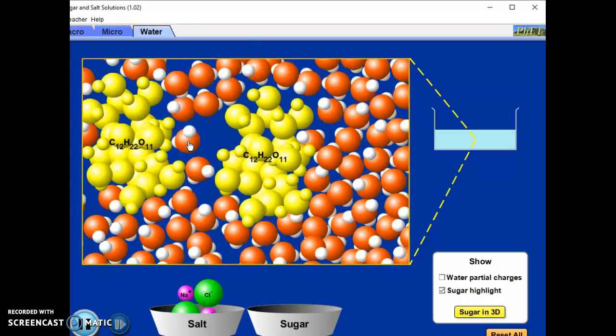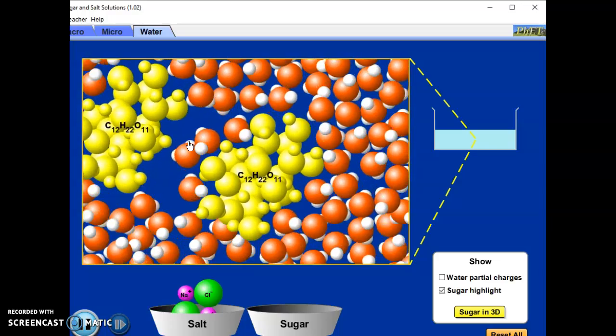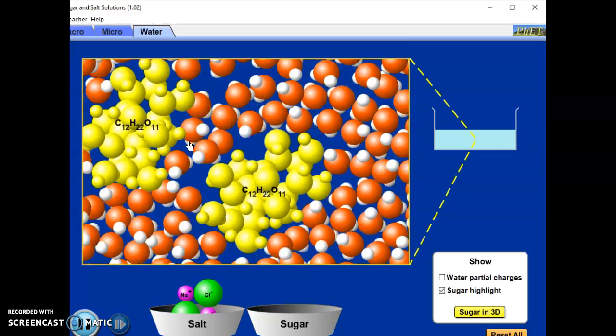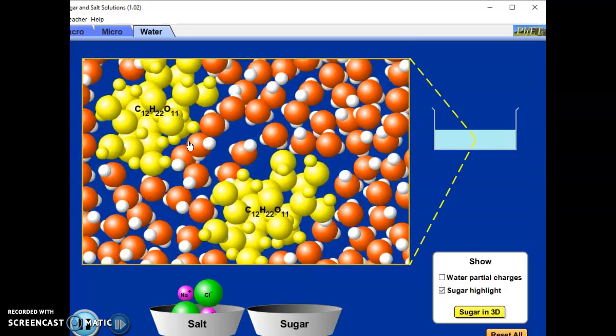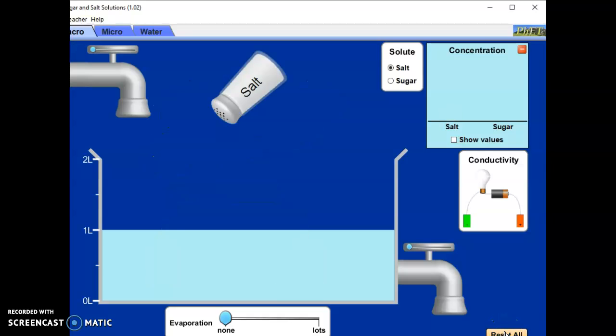And you can see, the water can attract to it. It can separate those out. It doesn't break them into the individual ions or atoms like it did for the ionic compounds, but it still is possibly soluble. There are other compounds. Think about oils. Oil and water do not mix. Oil is a covalent compound. It really depends on the structure.